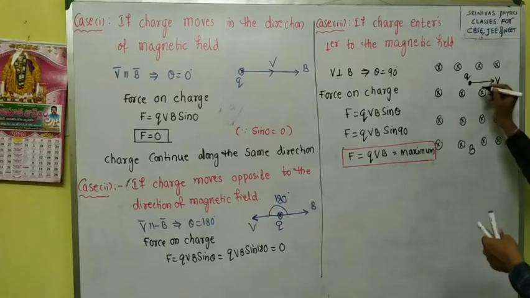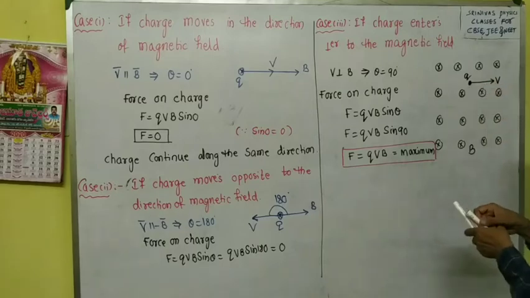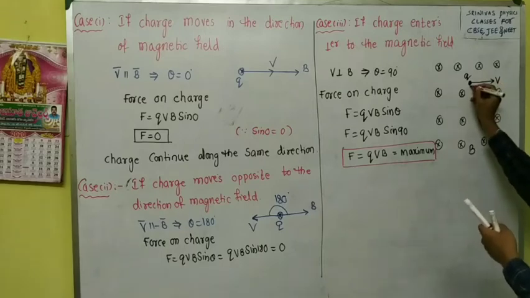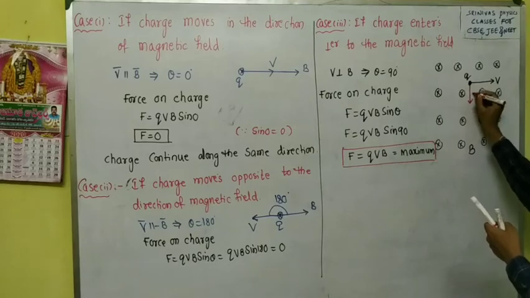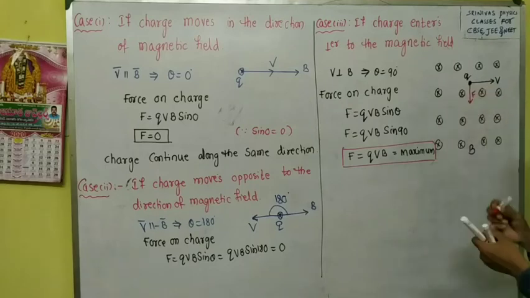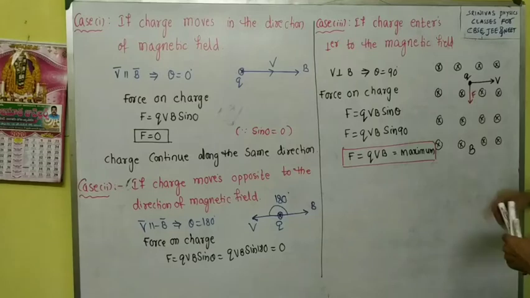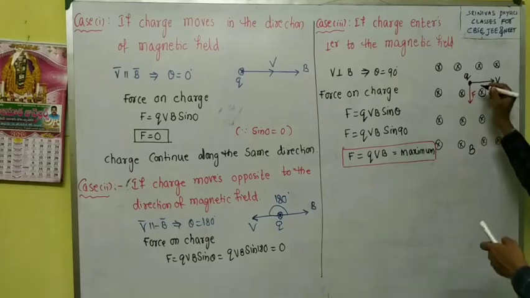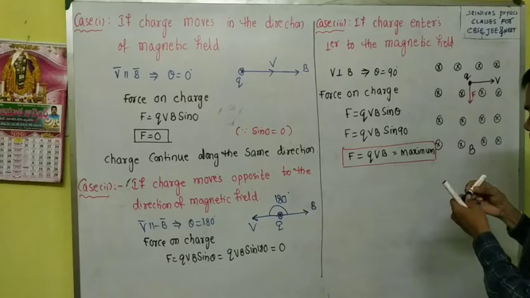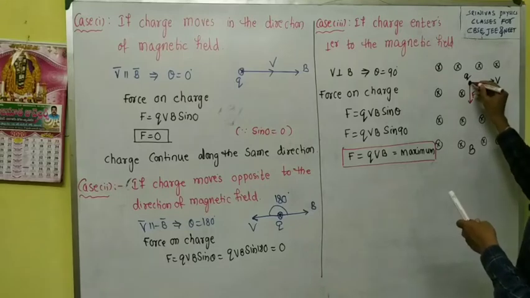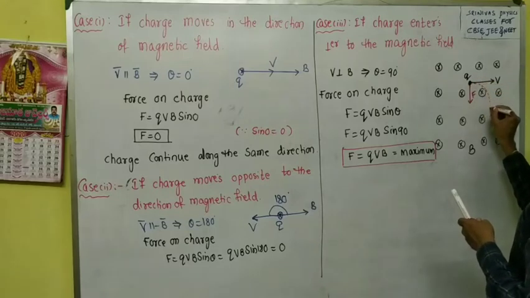This is the direction of the force. Then, when the force acts along this direction, in this case it serves as centripetal force. How does it act? It acts as centripetal force. Due to this, the charge will move in a circular path.